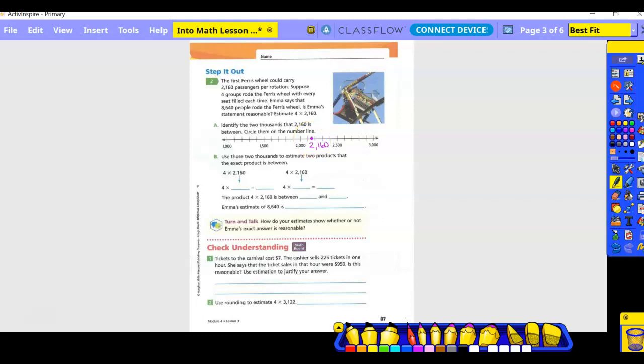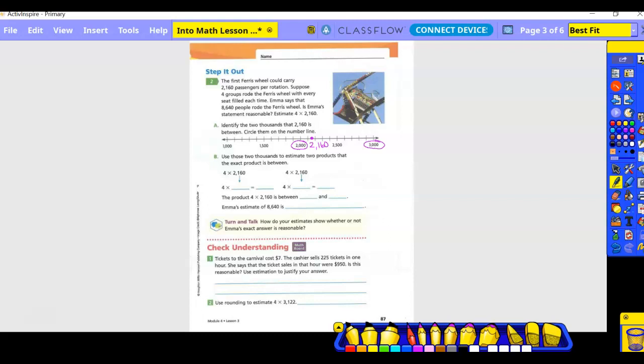Which 2,000s is that number between? 2,000 and 3,000. Use those to estimate 2 products with the exact one.